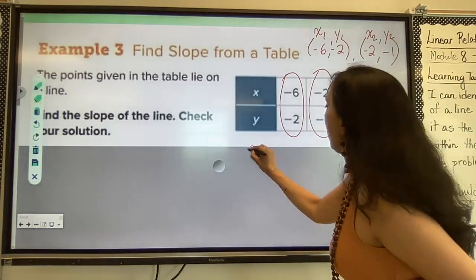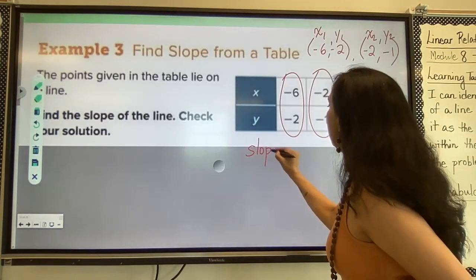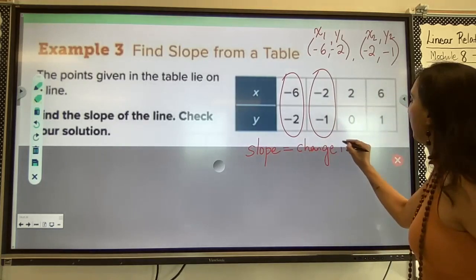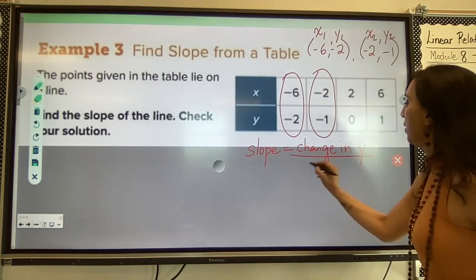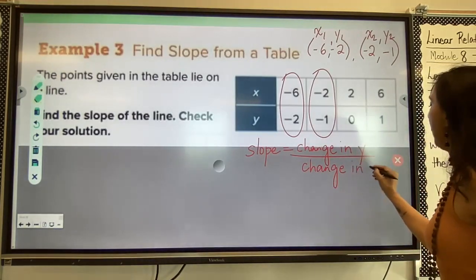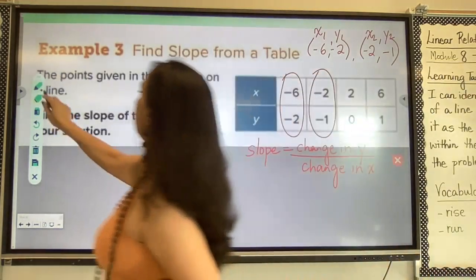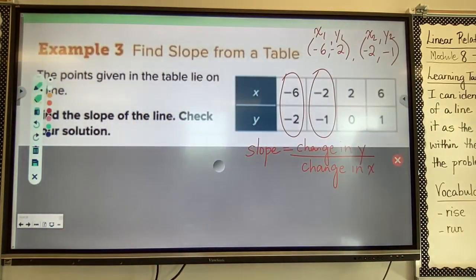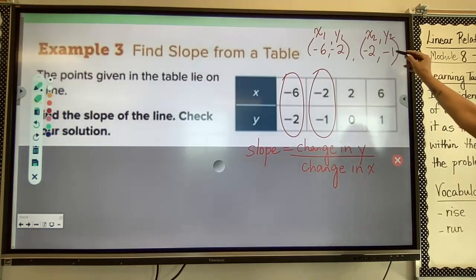So once again, I'm going to write it out. Slope is change in y over change in x. Okay, let me use the black color. There we go. You can see that better. So change in y over change in x. So let's look at what is y2.